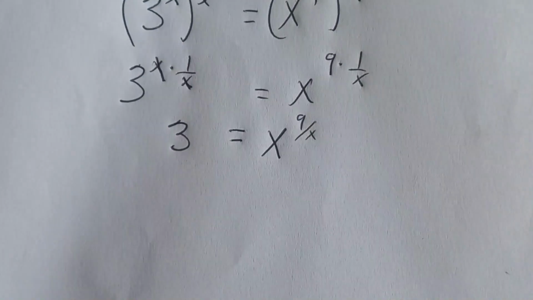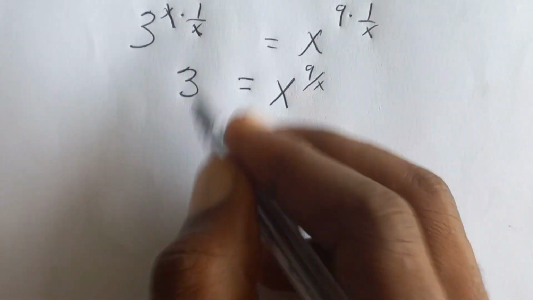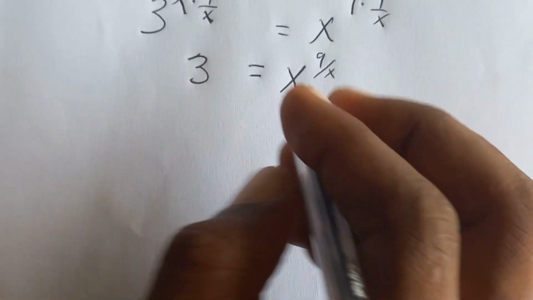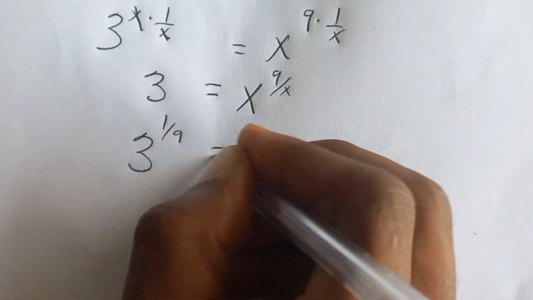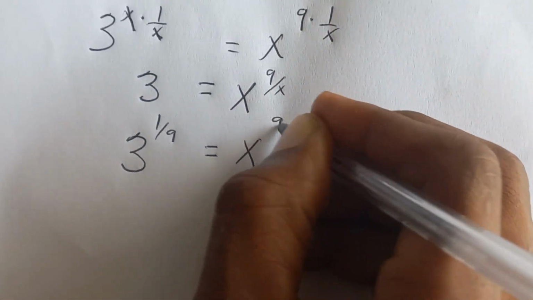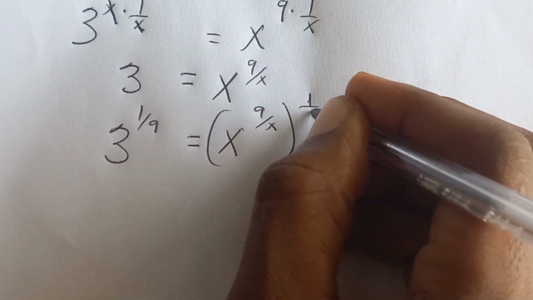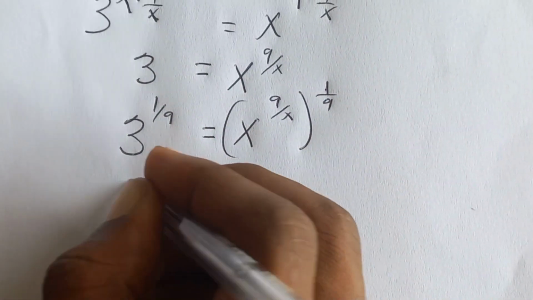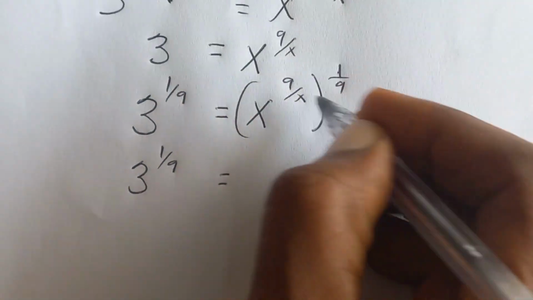Now, let's multiply both sides by the exponent of 1 on 9. So we are going to get 3 exponent 1 on 9, which is equal to x exponent 9 on x multiplied by 1 on 9.